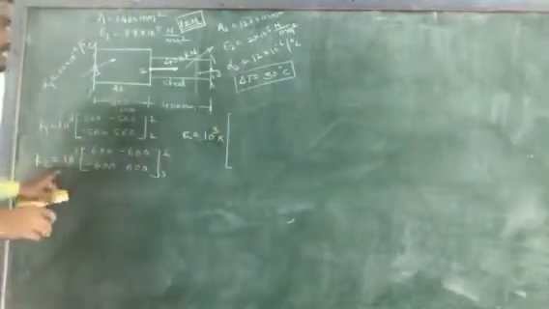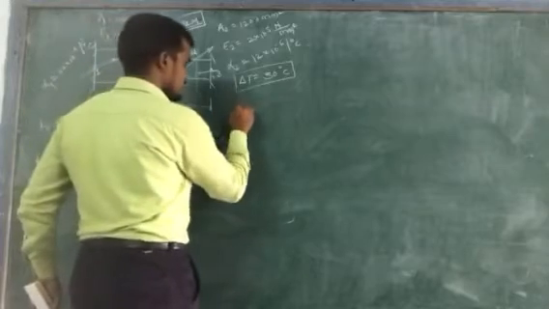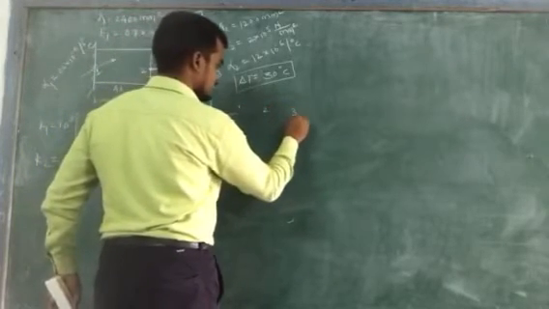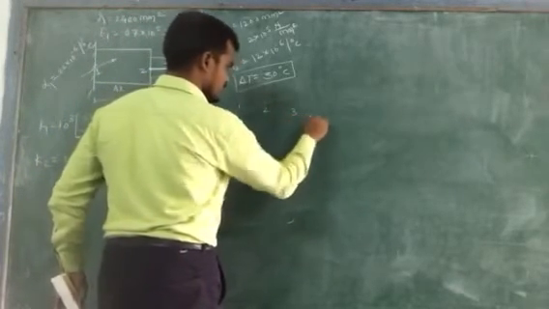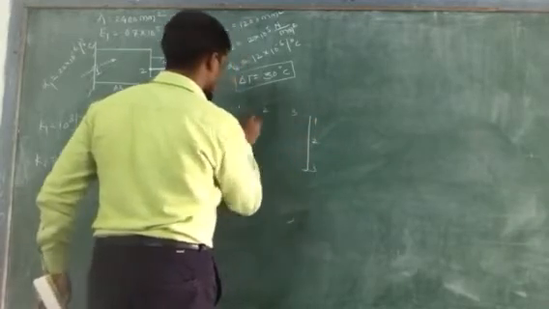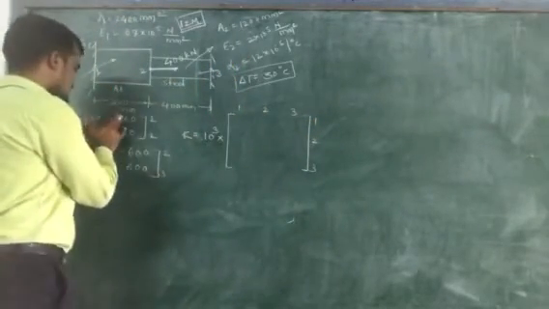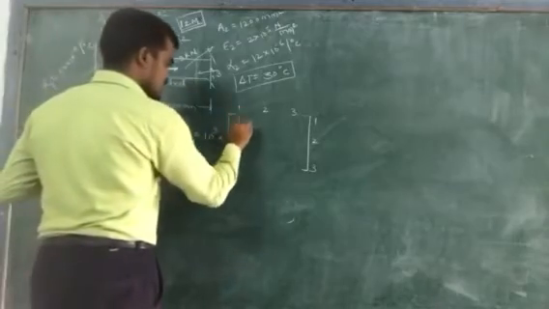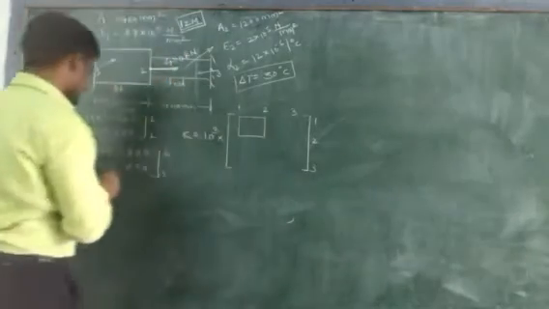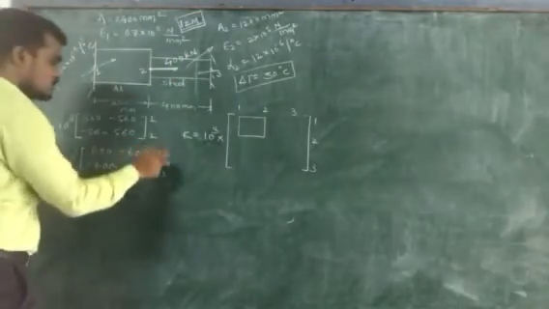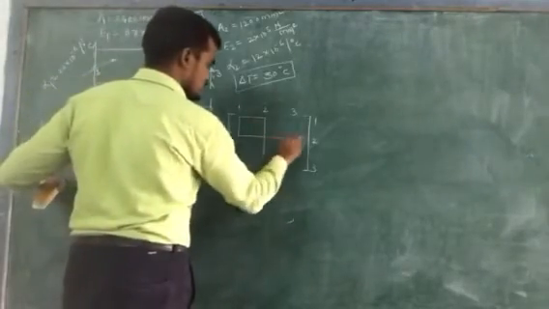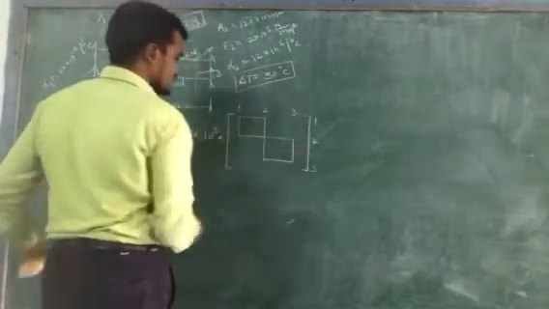Between 1, 2 and 3, first place this elementary stiffness matrix over this box, then place the elementary stiffness matrix between node 2 and 3, then you will get the global stiffness matrix.